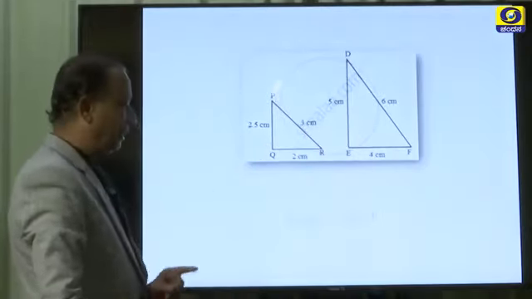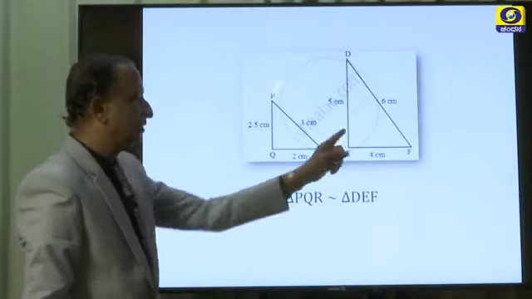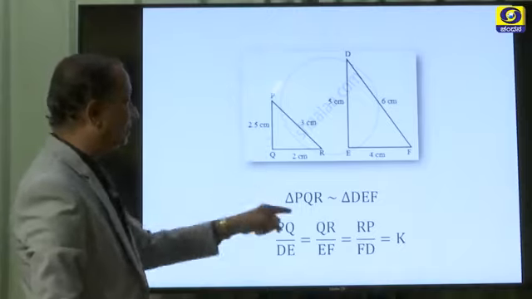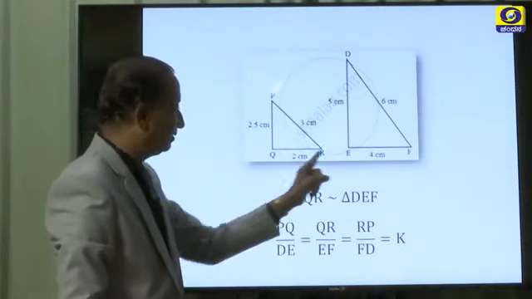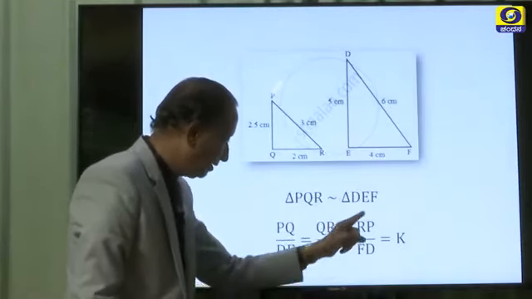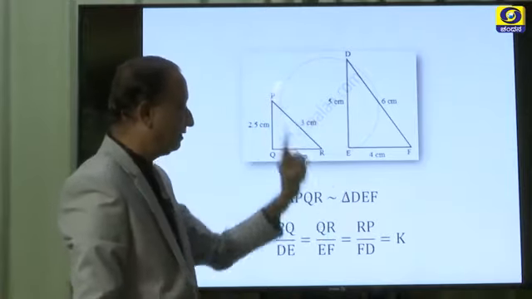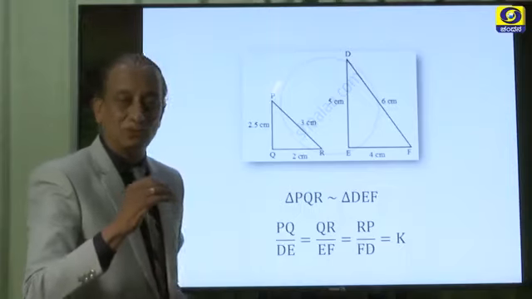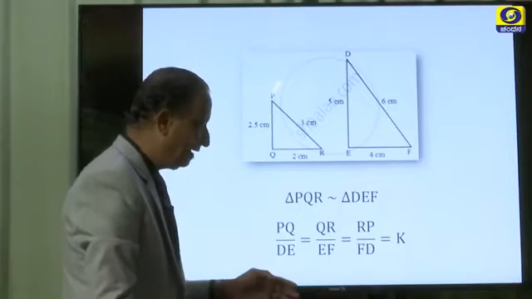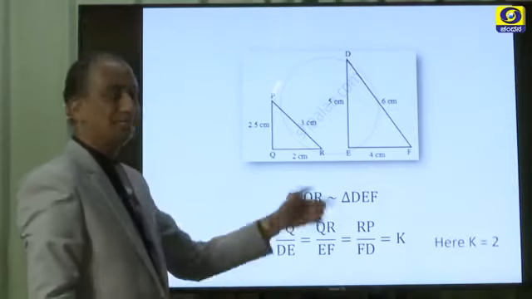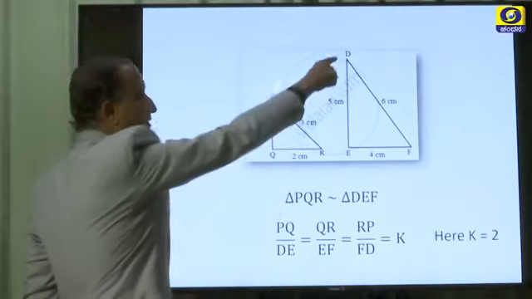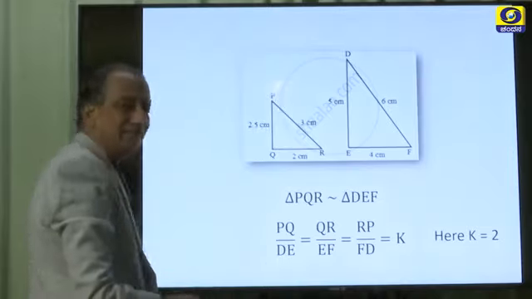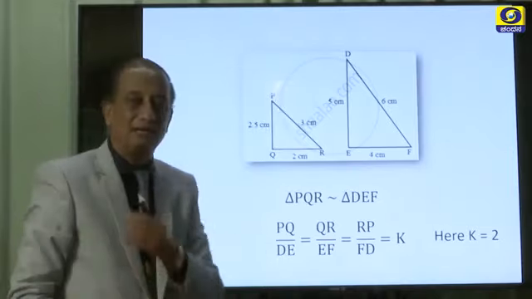So, if you take the ratios, since they are similar, PQ divided by DE, this side by this side, is equal to this side by this side, is also equal to this side by this side, and we say that each of them is equal to some constant K, and in this case it is just 2, which means that these three sides are exactly twice the sides of triangle PQR.